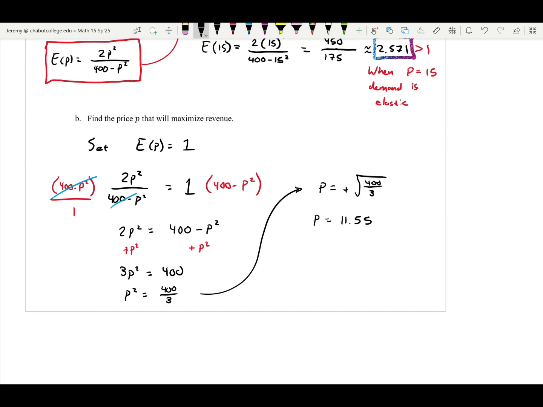So the price which maximizes revenue is going to be $11.55. So a little sentence here: revenue is maximized when the price is $11.55.